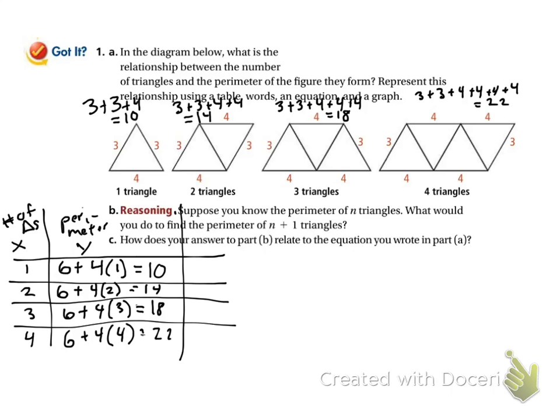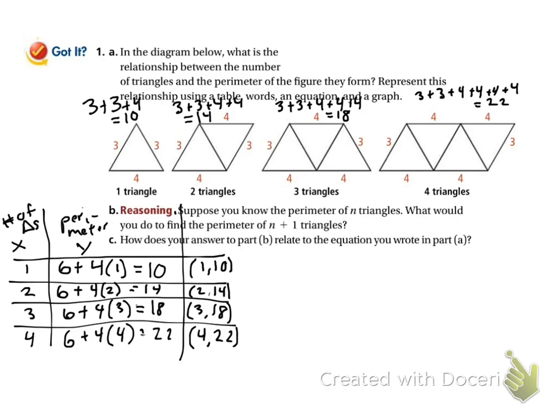So then my ordered pairs are 1, 10, 2, 14, 3, 18, and 4, 22. Okay. So there's my table.